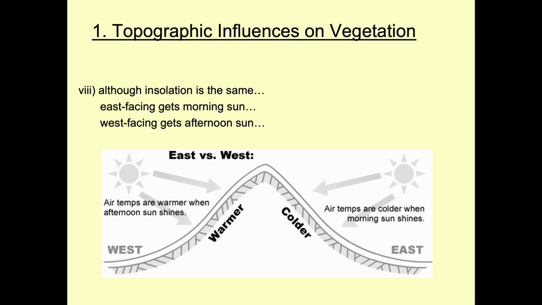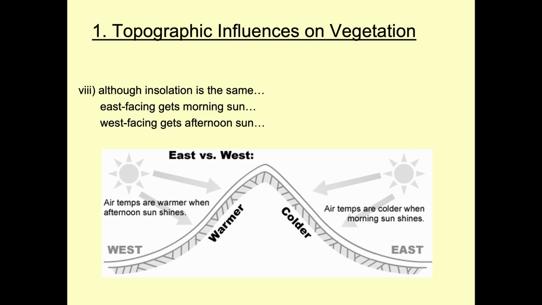Throughout the day, however, the entire slope, both eastern and western aspect, is going to be drying out. So now, as the sun starts to set and starts to hit the western side, that slope is already much more dried out than the eastern slope was, especially in the morning.